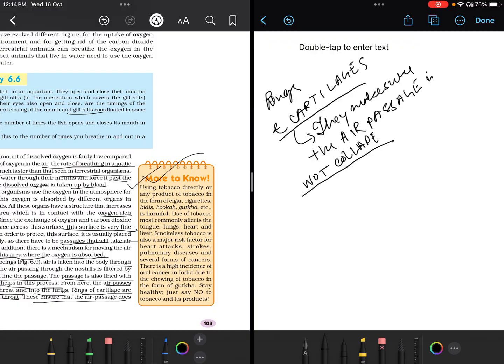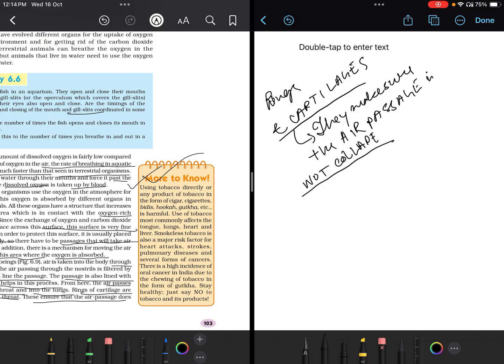These are very dangerous. Use of tobacco most commonly affects the tongue, lungs, heart, and liver. Smokeless tobacco is also a major risk factor for heart attacks, strokes, pulmonary disease, and several forms of cancer. There is a high incidence of oral cancer in India due to chewing of tobacco in the form of gutka. Stay healthy, say no to these tobacco products.